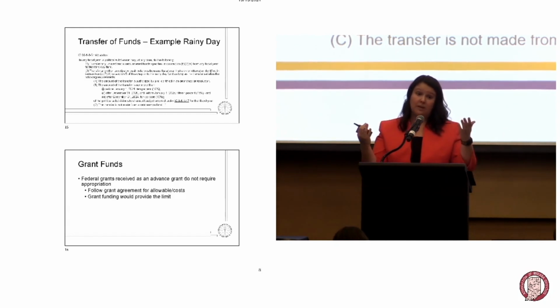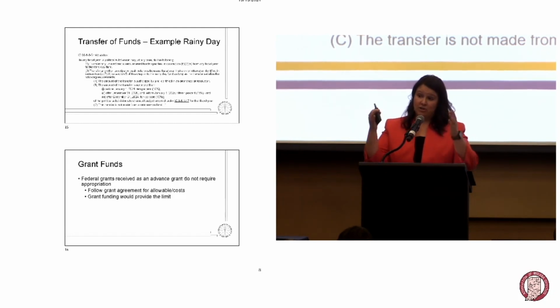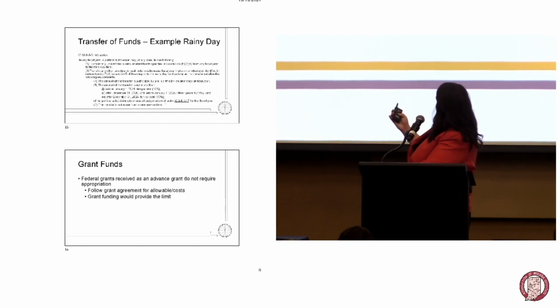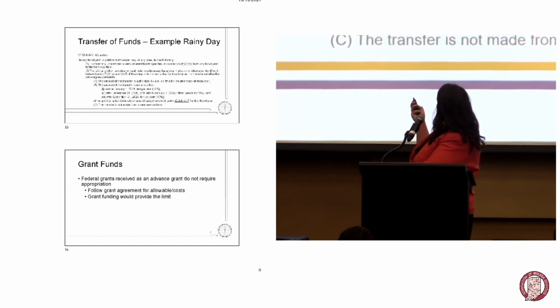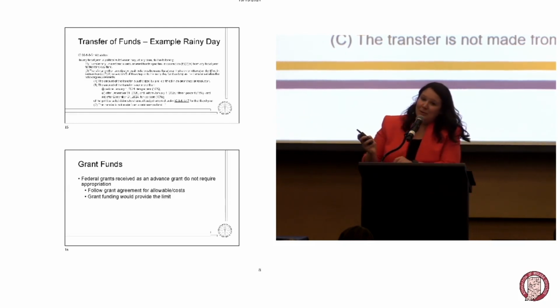So whenever we talk about the authority to transfer money, we're not talking about appropriation, we're talking about the authority to actually transfer cash. So in statute, if there's something that looks like this, that's what we're looking for.